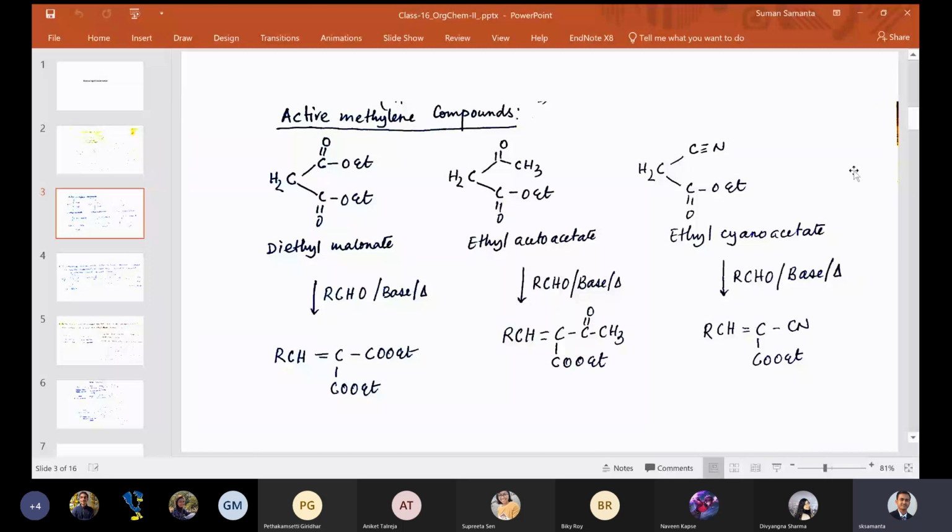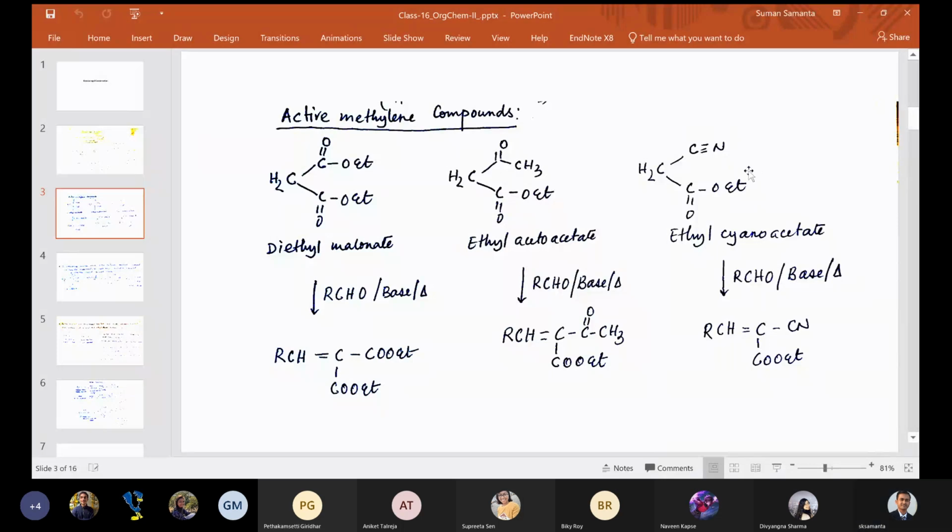Actually it could be anything that has a strong electron withdrawing group to make this CH2 more acidic so that the two hydrogens can be picked up easily. If I ask you to give examples of active methylene compound, you can write ethyl malonate, ethyl acetoacetate, ethyl cyanoacetate, acetylacetone, and malononitrile.